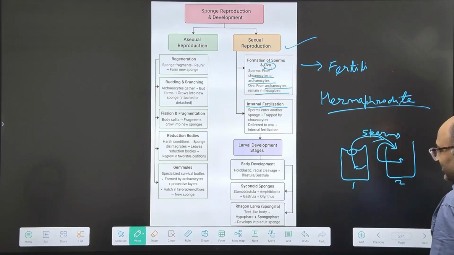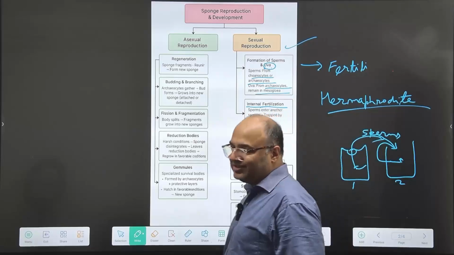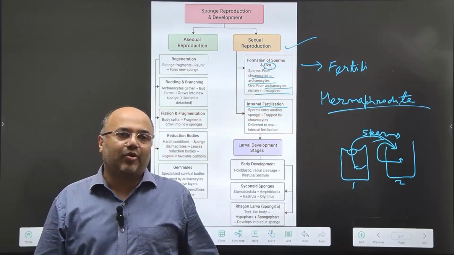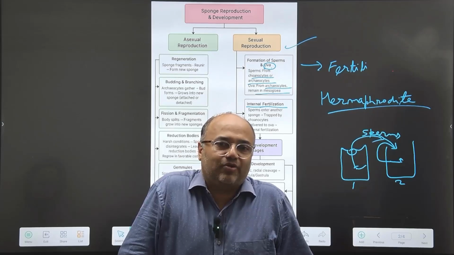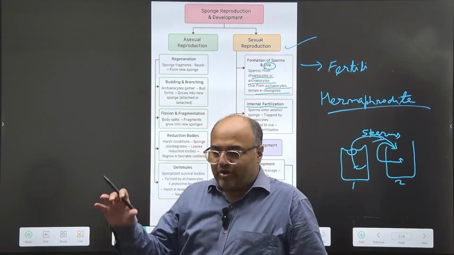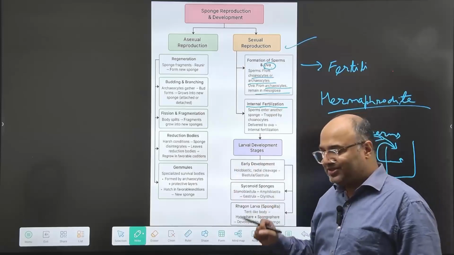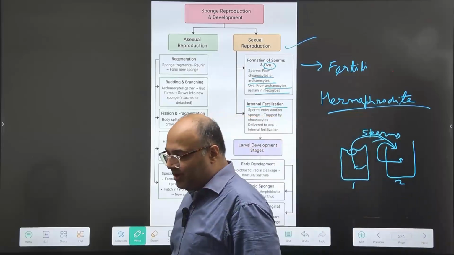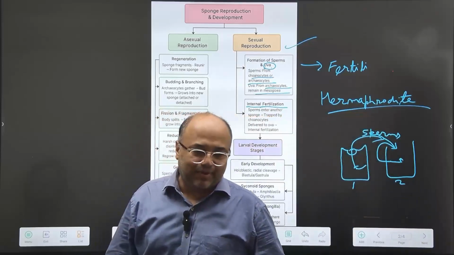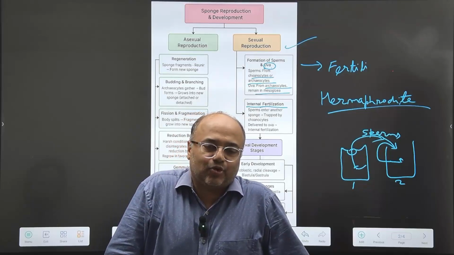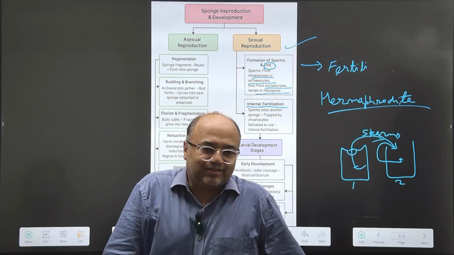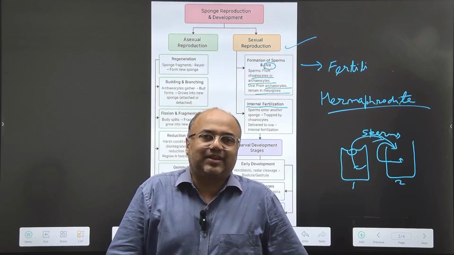And once it is there in the spongiocoel, it will be caught by choanocytes of the choanoderm, which is lining the spongiocoel. Once it is caught, the choanocytes are going to consume this sperm, ensuring that its genetic material, its nucleus, its important components are safe. So it doesn't digest it. It just eats it, right?